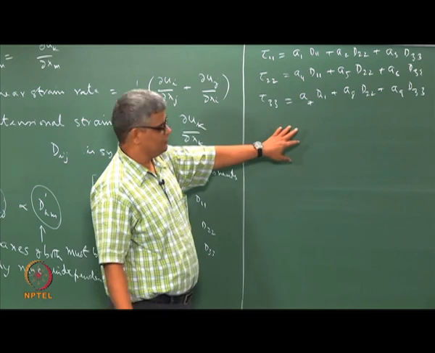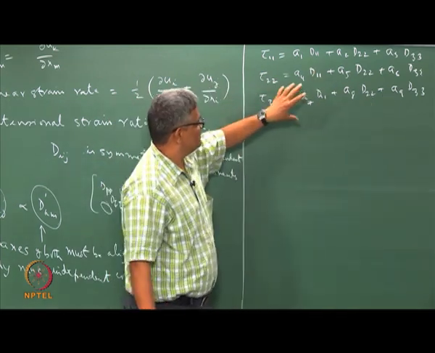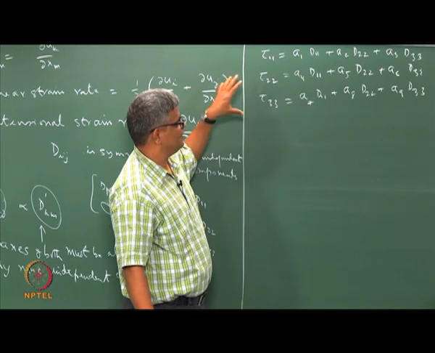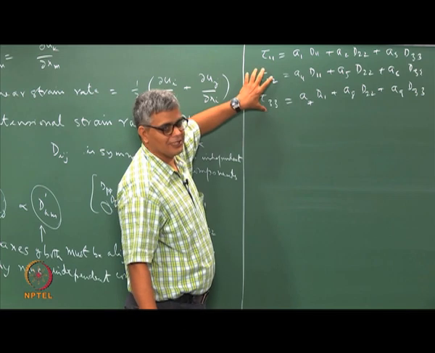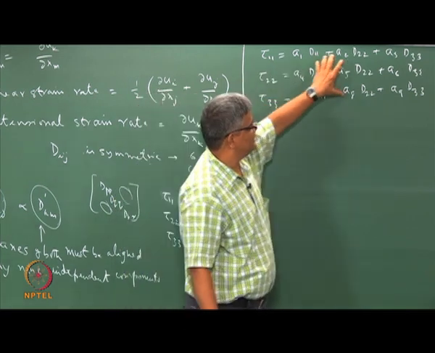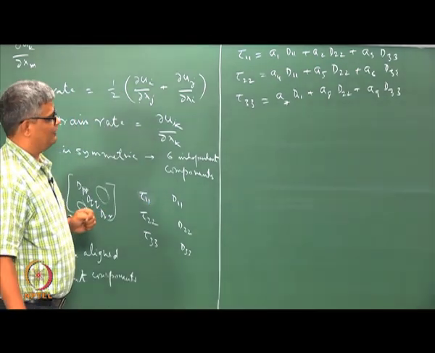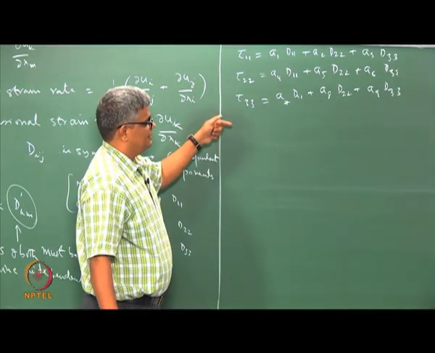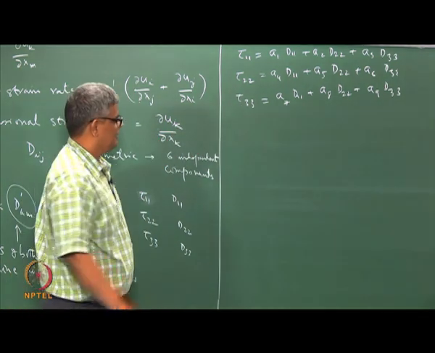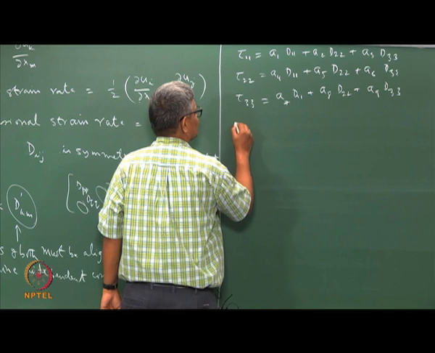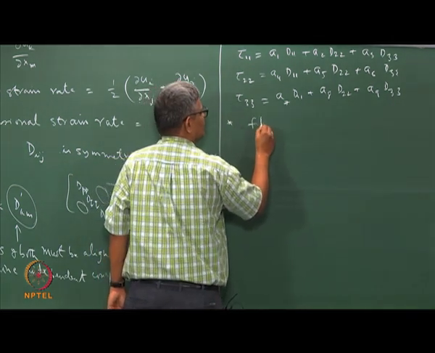So, here we have 9 constants a1 to a9 which define a general linear relation between the 3 rotated stress components and the 3 deformation strain rate components. Okay. So, now you cannot reduce this further without assumptions. So, here we make one more assumption, which is that the fluid is isotropic.